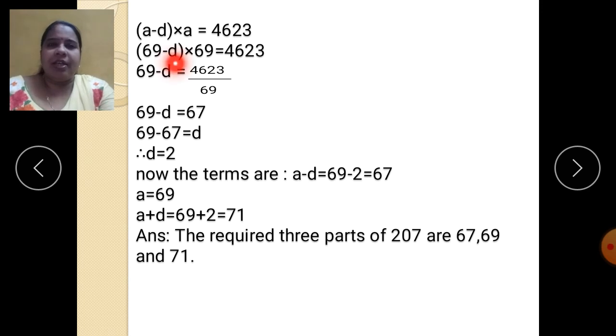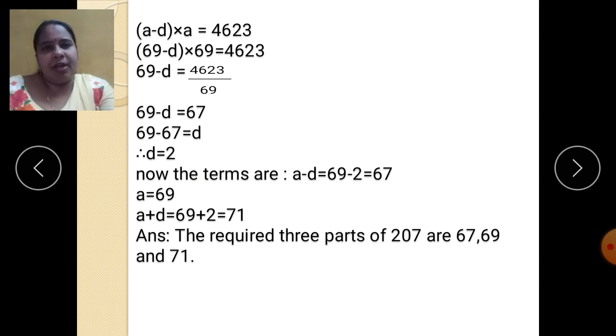See, 69 minus D, and A is again 69, and it is 4623. Shift this 69 to the right side. 4623 divided by 69 is 67. This becomes an easy equation from where you can get the value of D. 67 can be shifted to the left side, so it will become minus. So 69 minus 67 is 2. Correct? A we have got 69 and D we have got 2.